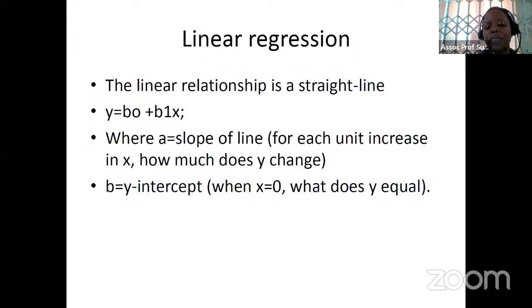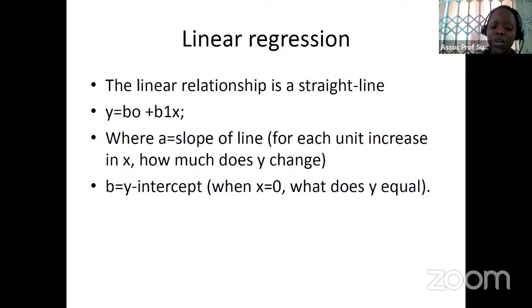We know from simple mathematics that a linear relationship is a straight line model, which consists of the response y and has an intercept beta naught and a slope beta 1 times x. The slope shows that for each unit increment in x, y increases by b1.